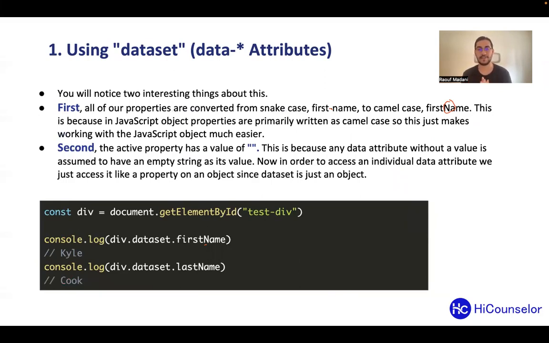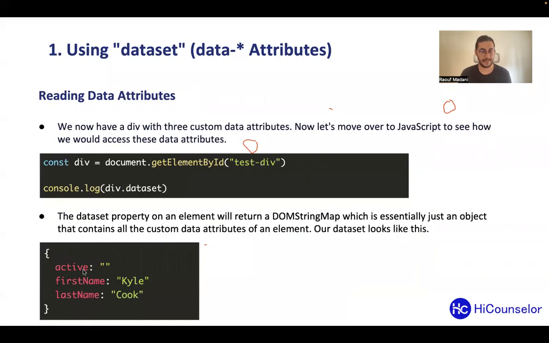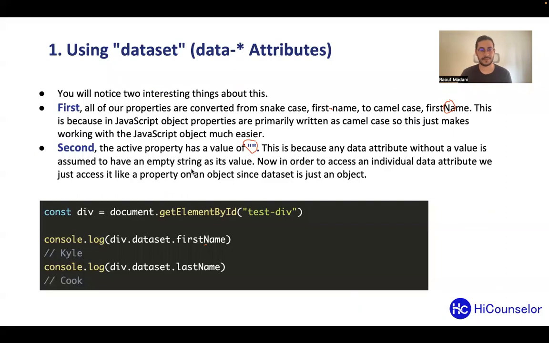And secondly, if you have noticed, the active property has a value of an empty string, even before our lecture. As you see, the property active has an empty string as its value.